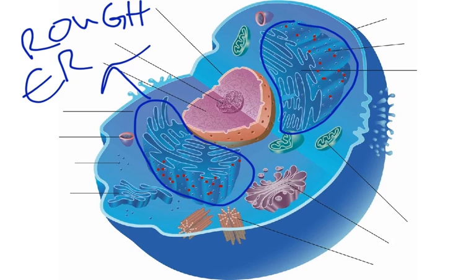What rough ER does is it synthesizes proteins. The ribosomes on the endoplasmic reticulum make the proteins, and the endoplasmic reticulum refines the proteins and ships them to the Golgi apparatus, or Golgi complex. Think of it like a protein factory. It makes a protein, and then as it gets to the end of the work line, it's completed and it heads off to the Golgi. So that protein synthesis occurs there at the rough ER.